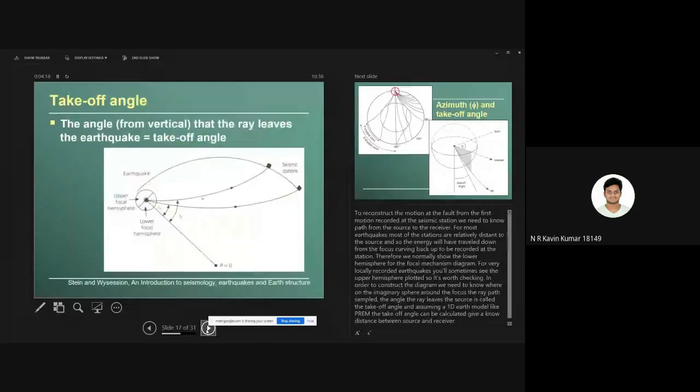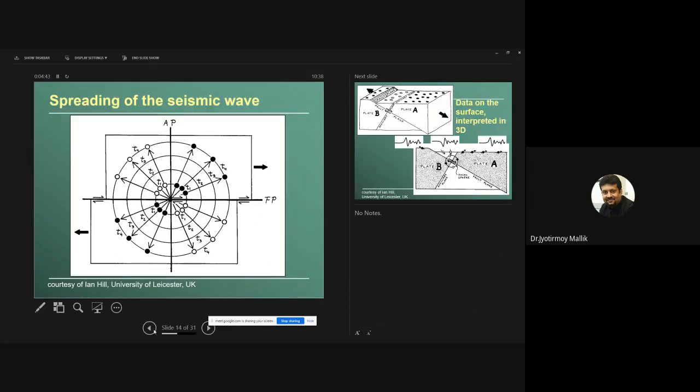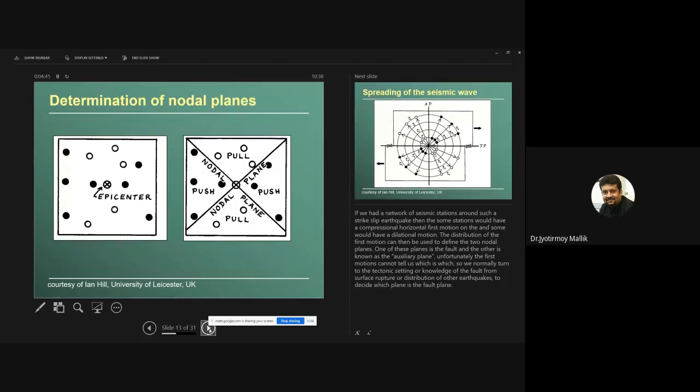So we will see. In making the stereonet, do we mark which is the actual fault and which is the auxiliary plane? We don't know from only one dataset. Maybe if we have some other supporting evidence, we might know. Say for example, suppose I have two planes, northeast-southwest and northwest-southeast.